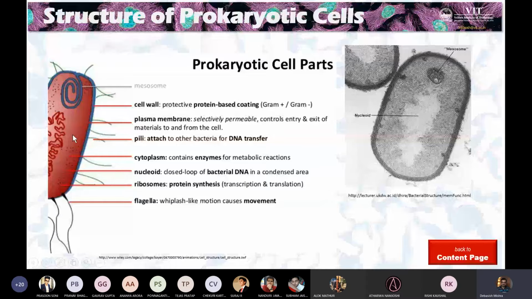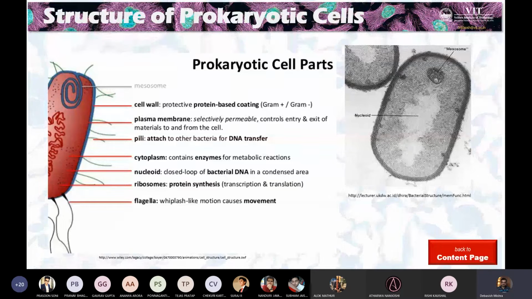Then we have cytoplasm. As we see, there aren't many organelles inside the bacterial cell. Still, the bacterial cell grows, they divide, and they do binary fission, of course. This is the way they divide. And they do their own metabolism.